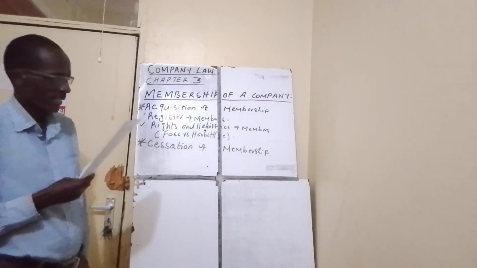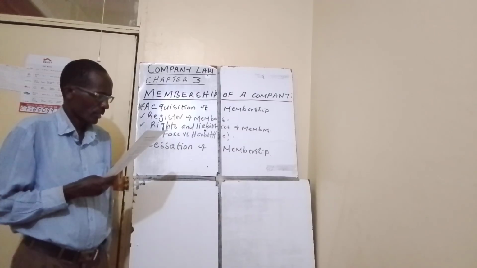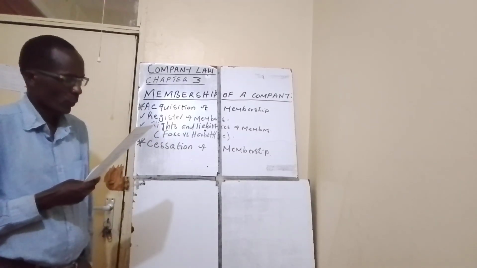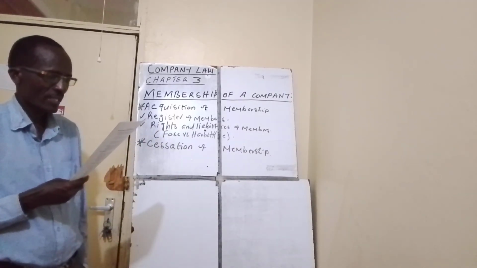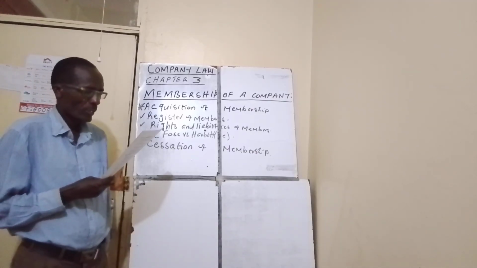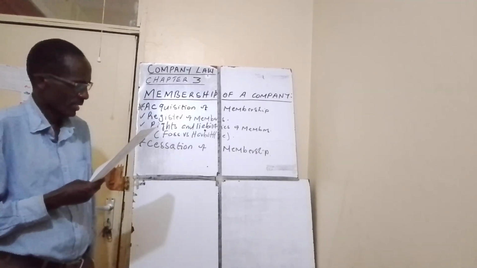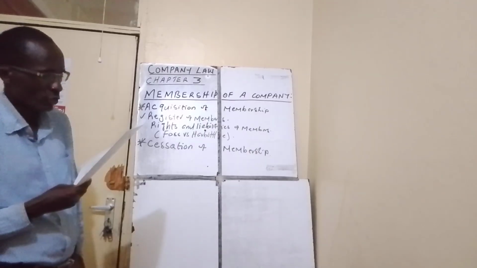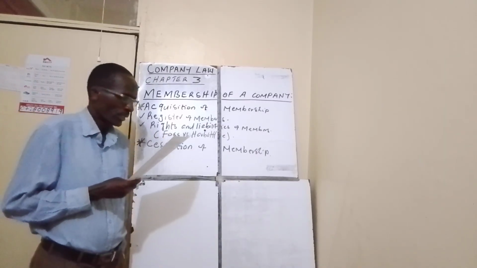Number 7, surrender of shares. A person's membership will come to an end if he surrenders all his shares to the company with the approval of the directors.